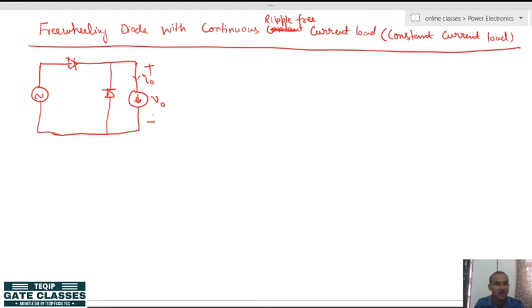So, we can see that the average value of current flowing is I naught here. Let us say this is the freewheeling diode current reference and this is the freewheeling diode voltage reference, this is the main diode reference, these are the voltage and current references, and this is the source voltage and source current reference. All right. So, let us start with its waveforms.